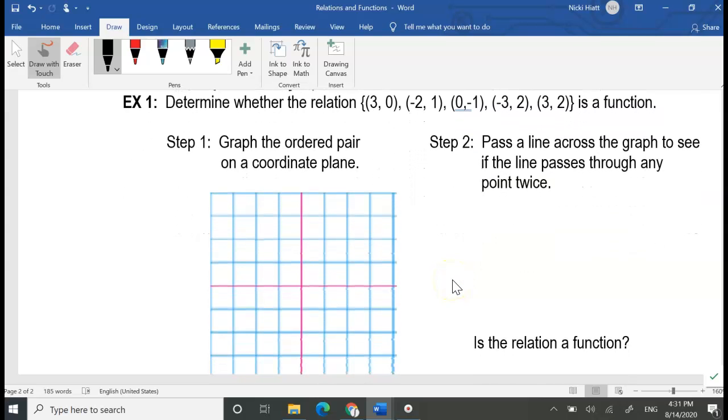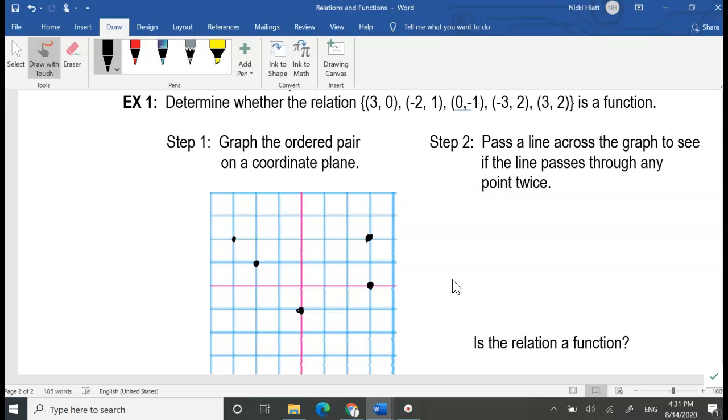So I'm going to graph these points. So we've got 3, 0, it's right here, negative 2, 1, it's right here, 0, negative 1, goes right here, negative 3, 2 goes right here, and 3, 2 goes right here.